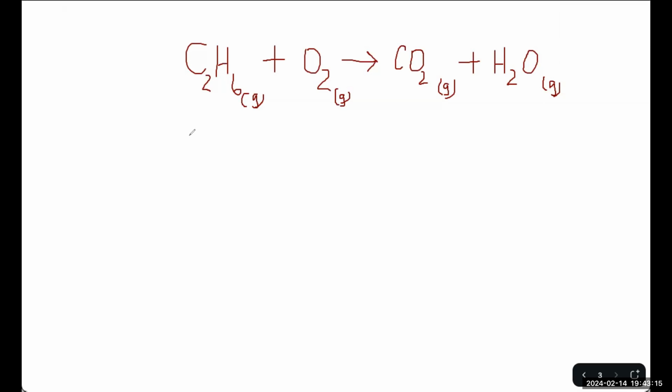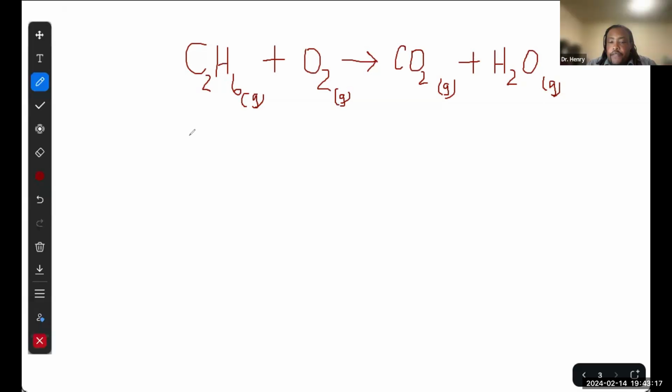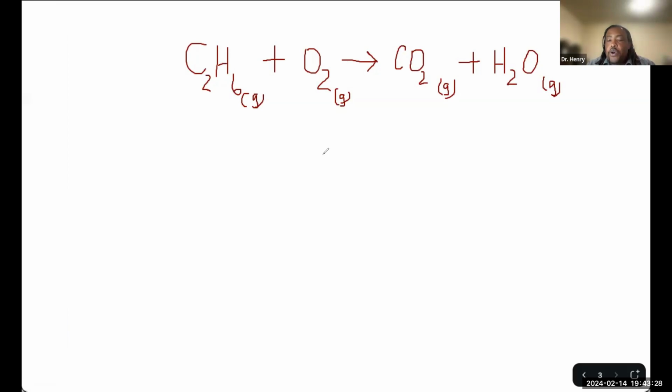Both. It's both. That's right. Because the definition of a compound is 2 or more different atoms. Okay. What about the oxygen gas? Is that a molecule or a compound? Molecule. It's a molecule. Okay.